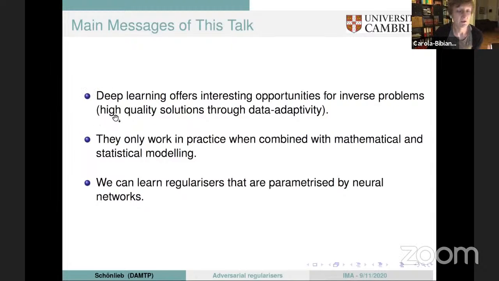So the first message is, I really believe that deep learning offers a very interesting opportunity for solving inverse problems, just bluntly, really, because of what is written here in parentheses, that deep neural networks have such strong approximation power that they can help us to be very, very adaptive to the data.